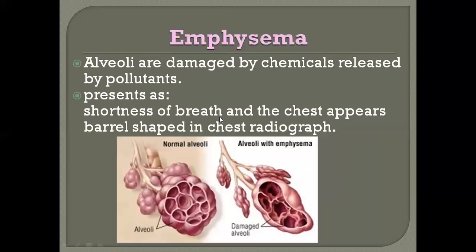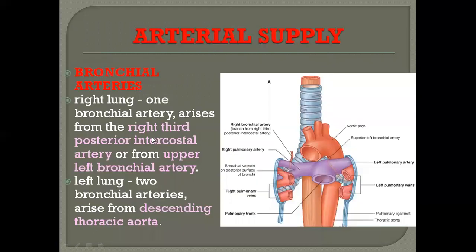Coming to the clinical aspects, emphysema: alveoli may be damaged by chemicals released by the pollutants. Patient presents with shortness of breath and the chest appears barrel shaped in chest radiograph. Coming to the blood supply of the lung, it comes from the bronchial arteries. Right lung, one bronchial artery arises from the right third posterior intercostal artery or from the upper left bronchial artery.